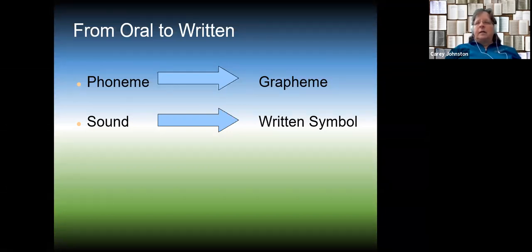And so your linguist is identifying those sounds and putting them together and then creating the writing system that will go along with that language. So the phoneme goes to a grapheme, or a written form; the sound goes to a written symbol.